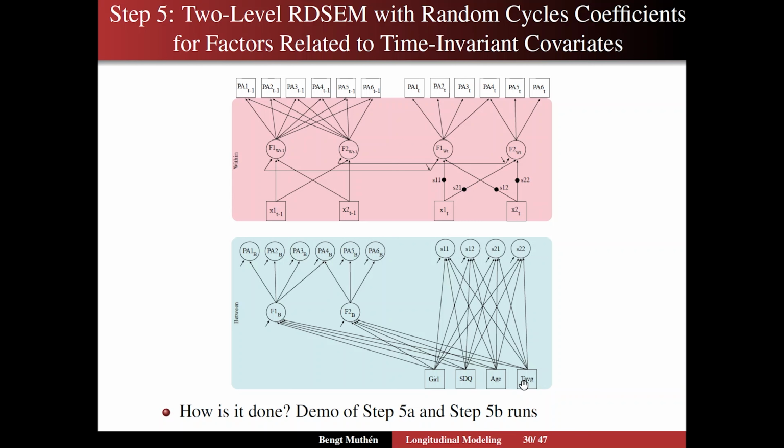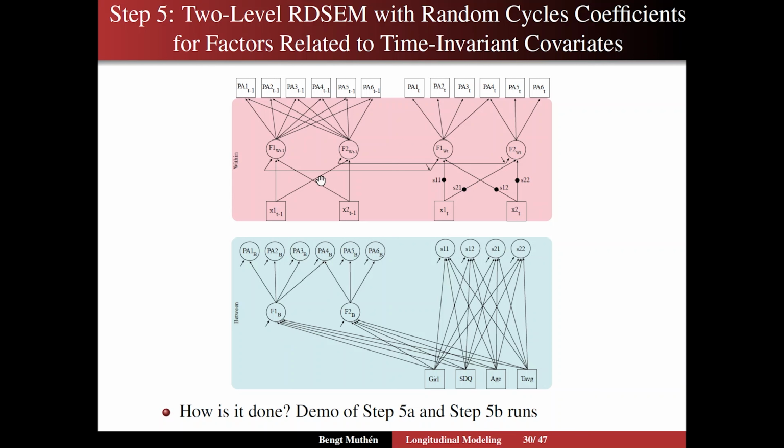On top of that, we have between level variation in the items. For each item, we have a random effect, a random intercept, and it is then measuring the two factors on the between level, F1 and F2, the ones that had a higher correlation than the ones on the within. Note then a couple of details here.